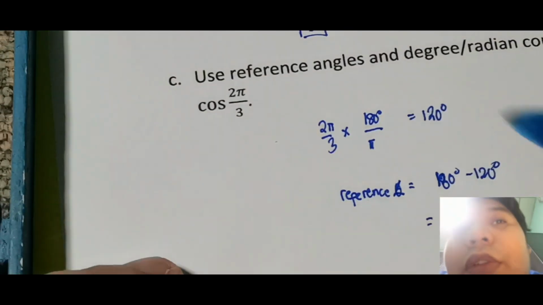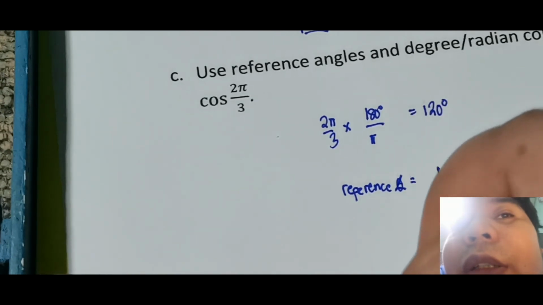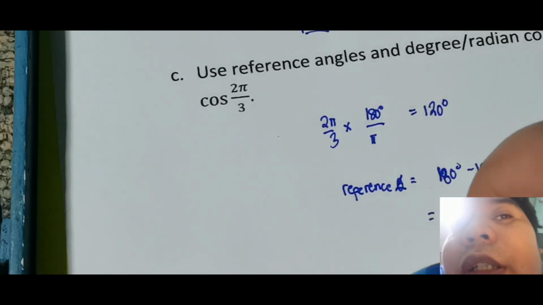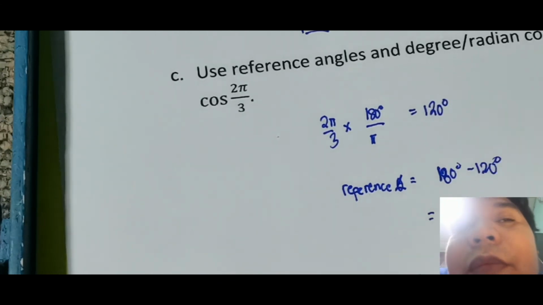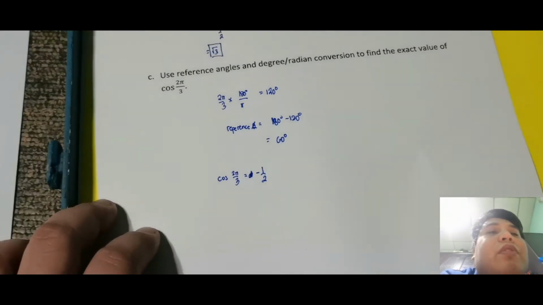So cosine of 2 pi over 3 is simply negative 1/2. Now the question is, how do you make cosine 60 degrees become negative 1/2?